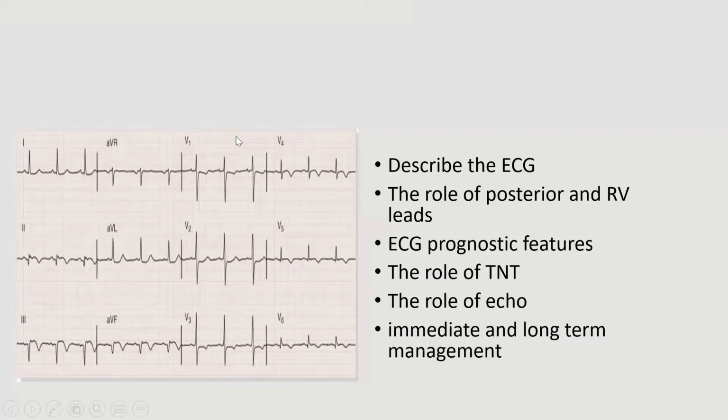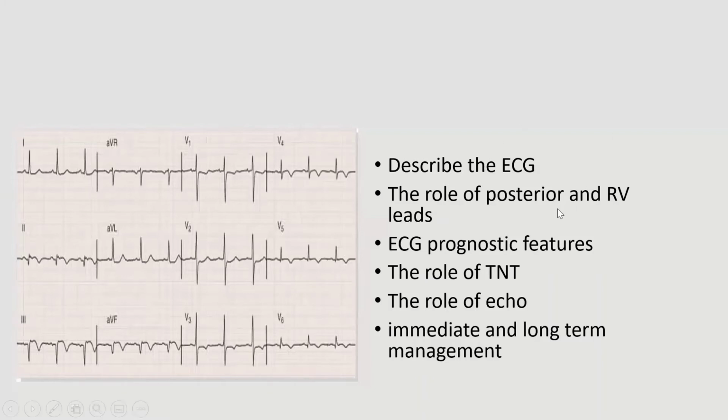So you place these leads instead of V1, V2 on the right lateral side. Okay. In this case, if there is RV infarction, you are going to see ST segment elevation. Okay. Good. So this is how you diagnose RV infarction and posterior infarction, by placing the leads non-conventionally.